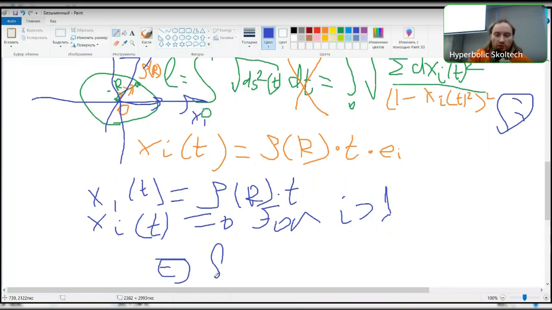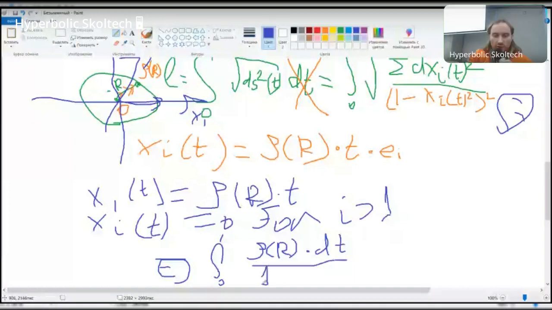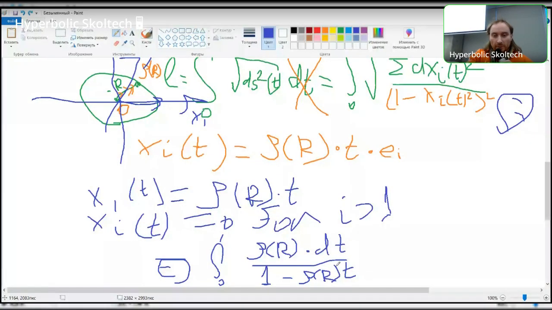So the integral of this thing. So here we have rho of r multiplied by dt divided by 1 minus rho of r multiplied by t, and this is squared.